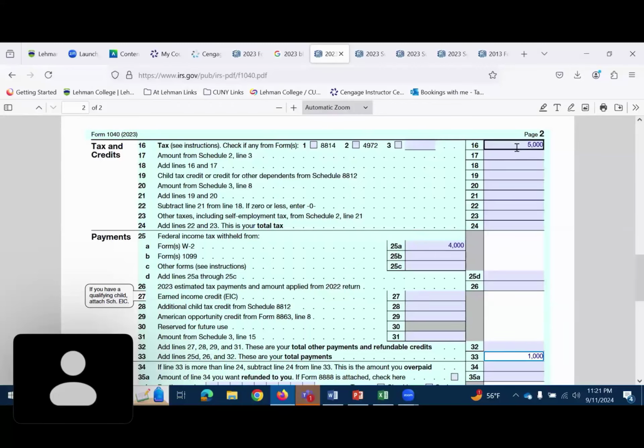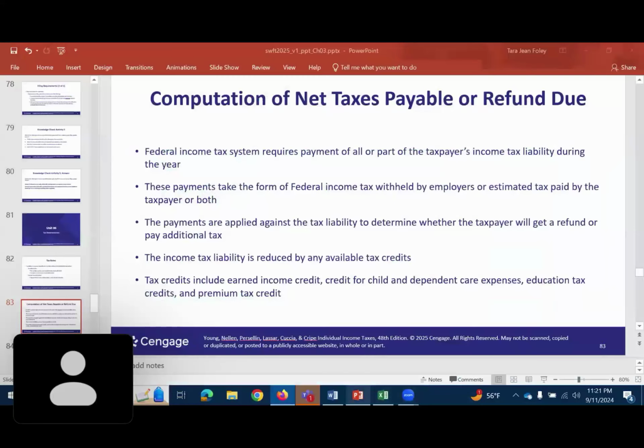If my tax is calculated as $5,000, but my employer took out $6,000, then I don't owe $1,000. I have a refund of $1,000. So the tax return helps you to figure out what your employer should have taken out of your check versus what they did take out of your check, to say, did you get a refund or do you have payments that you have to make?